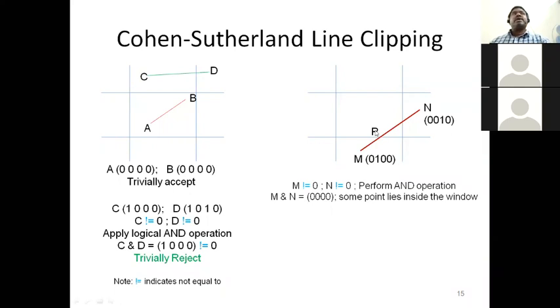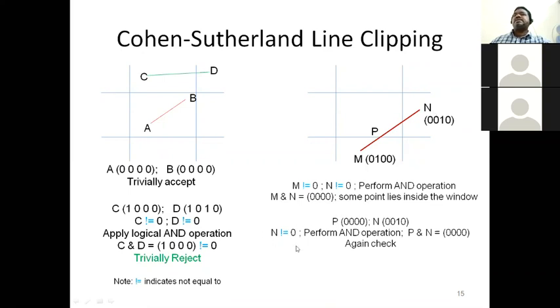Either you can move from bottom to top or top to bottom. Both ways are okay. In this case, I am moving from bottom to top. The intersection point I am finding out, this is P. I have to do the coding for P. This is a boundary point. This P is 0, 0, 0, 0. N I already found. Now do bitwise AND operation.